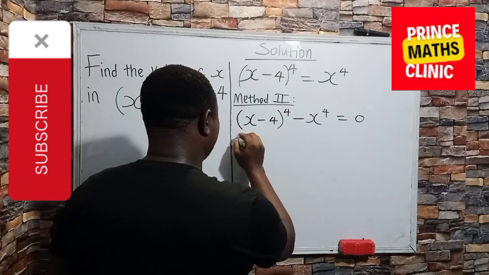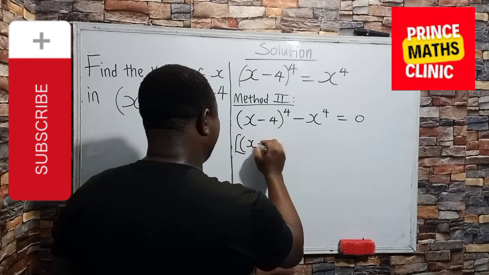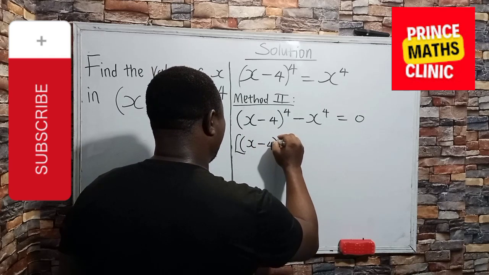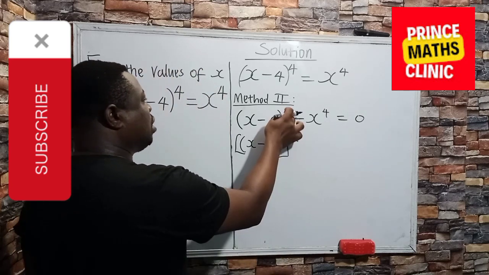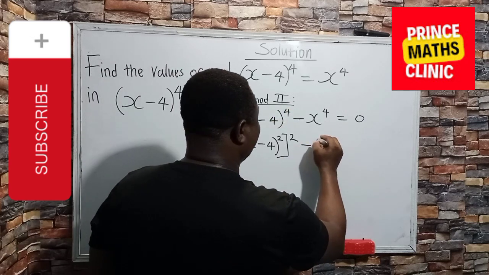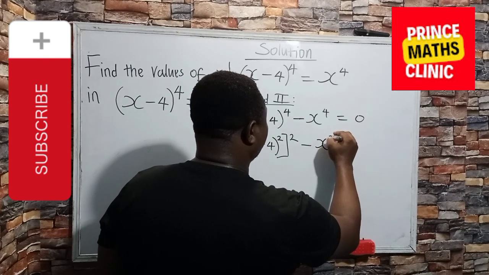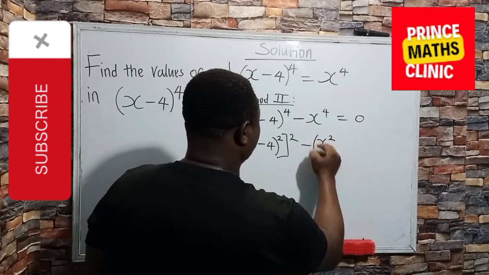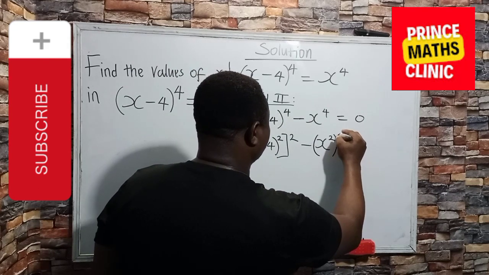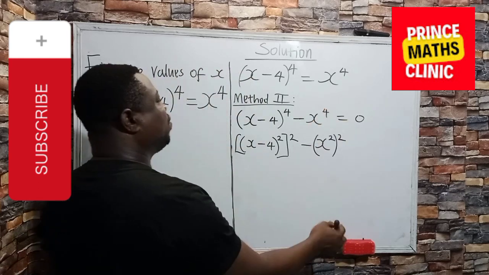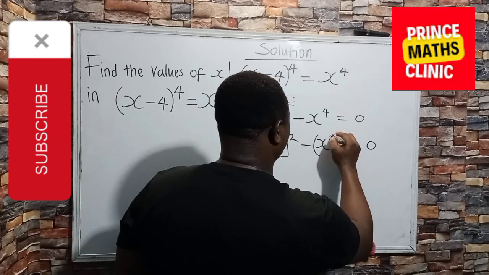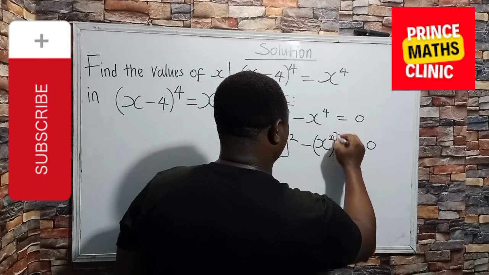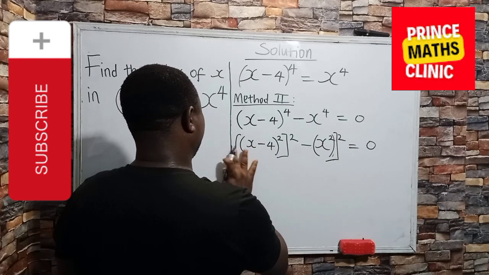So this becomes x minus 4 squared, all squared, since 2 times 2 gives us back 4, minus x squared, all squared, equal to 0.